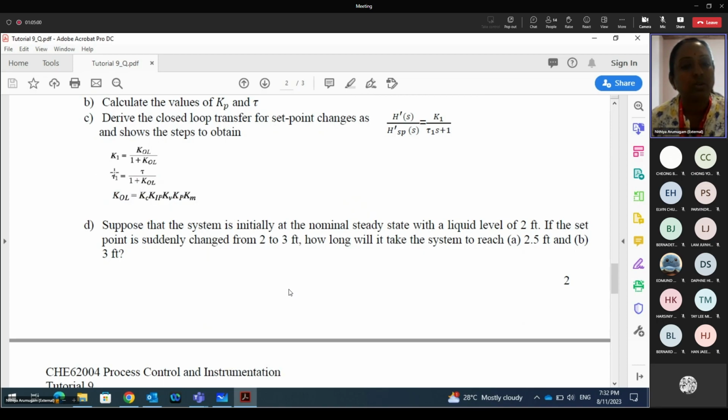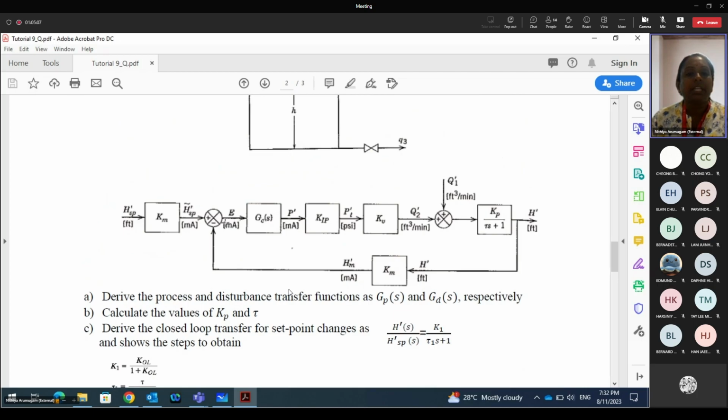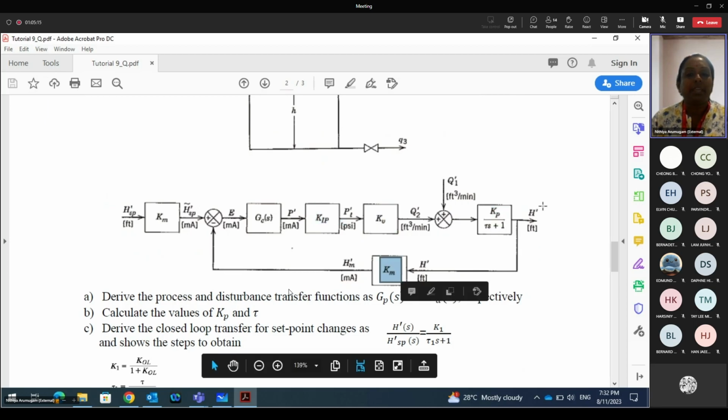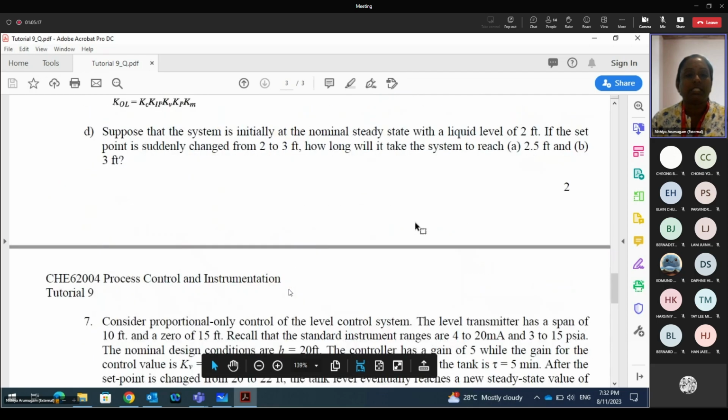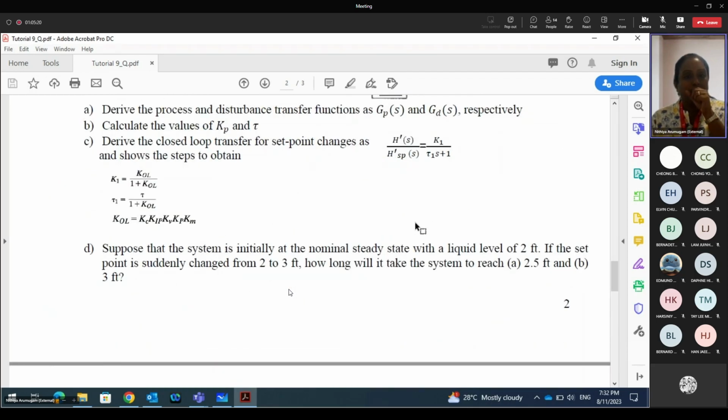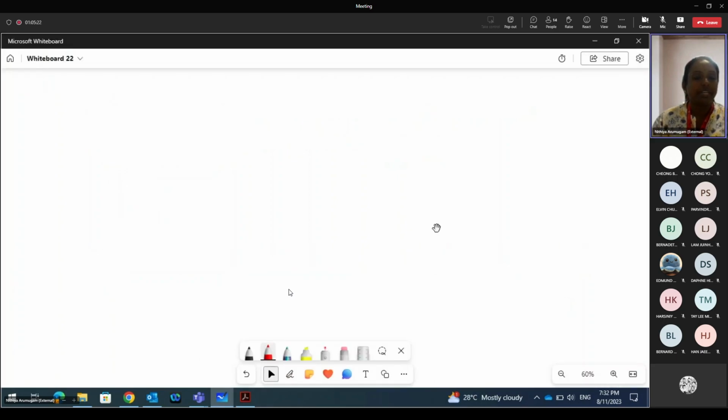So how are we going to start? Here tau is also expressed already, and KOL is also expressed as KC, KIP, KV, KP, and KM, meaning the KC, KIP, KV, KP, and KM are combined already in series, right? So we need to start from the expression given in the question. We need to express that in terms of H over HSP for set point.